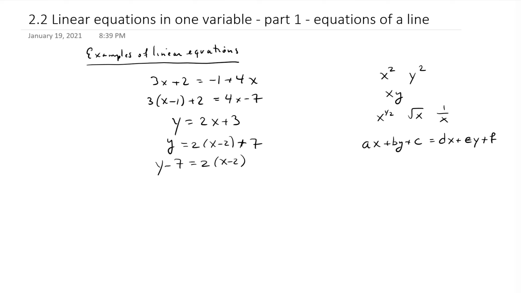You could have on both sides polynomials of degree 1 in one variable. By the way, again, it's not possible to have something like x times y times some coefficient. That would not be allowed.